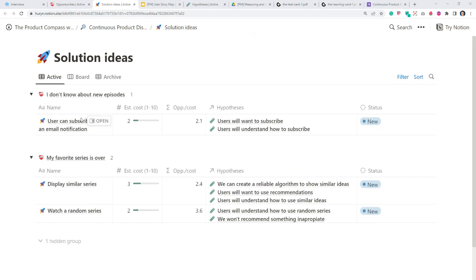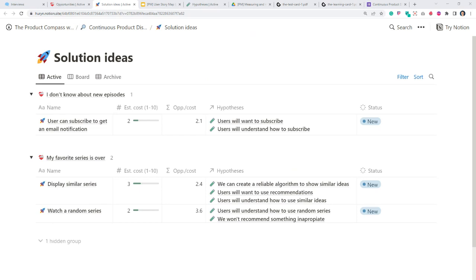With that said, the quality of opportunity, so the potential of opportunity, is not the only ingredient that we should take into account, because implementing ideas is not free and different ideas might have different costs of implementation. And of course, at this stage, we do not know the exact cost, but we can try to estimate it.